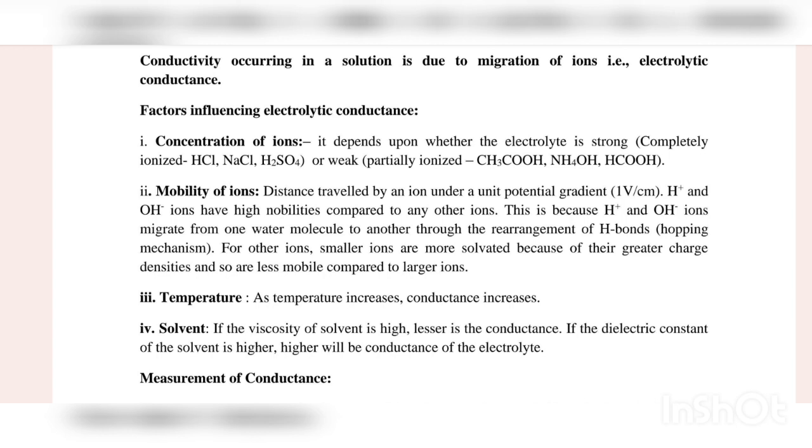If more concentration, then conductance is also very high, and it also depends on whether the electrolyte is strong, that means completely dissociated, or weak, which means partially dissociated. Strong electrolytes conduct more and weak electrolytes conductance is very low.